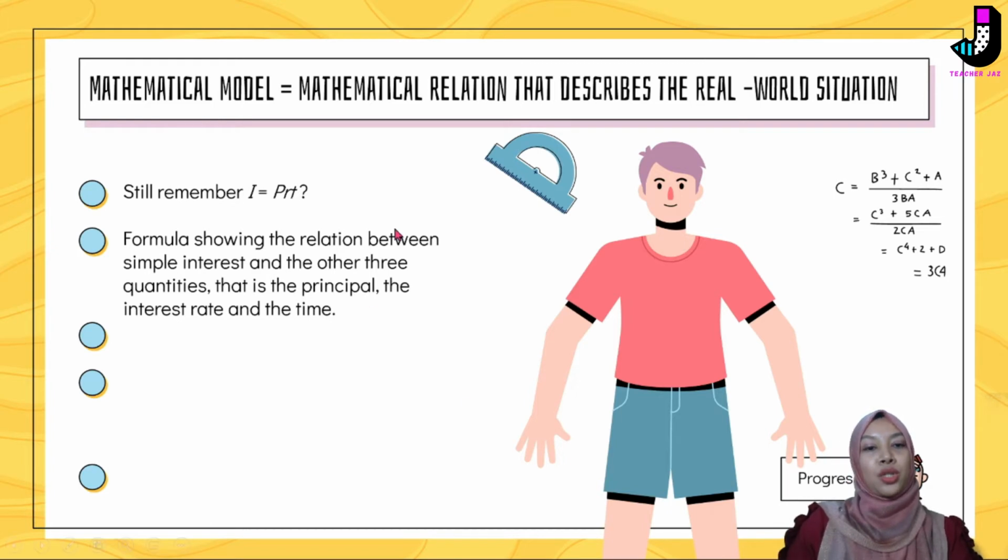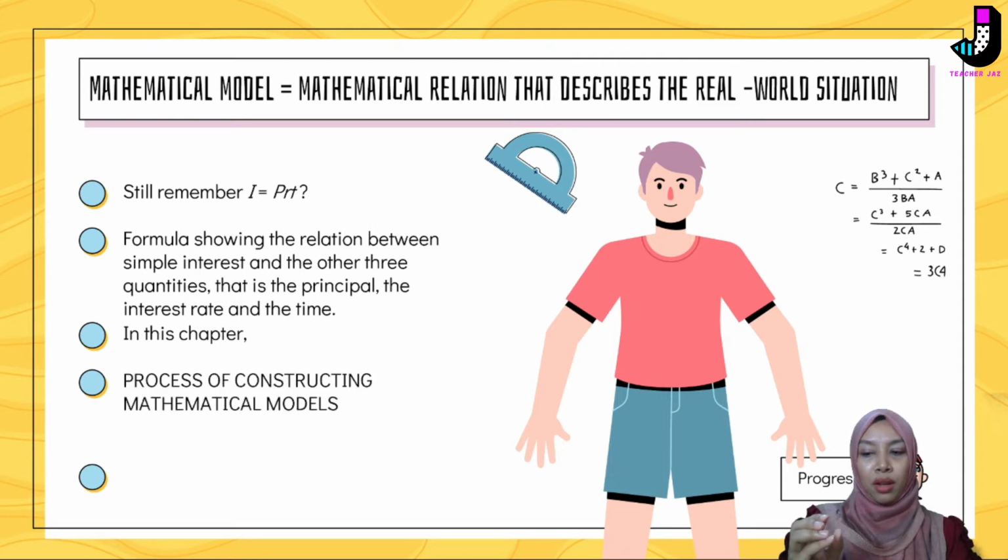This is the formula showing the relation between simple interest, that is I, and the other three quantities: principal P, interest rate R, and time T. So in this chapter, mathematical modeling is the process of constructing these mathematical models. I repeat, mathematical modeling is a process of constructing mathematical models, it might be to solve a problem that occurs.